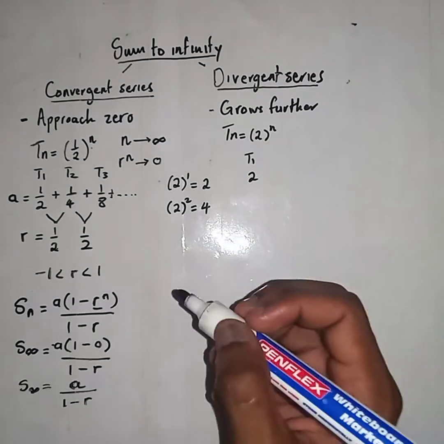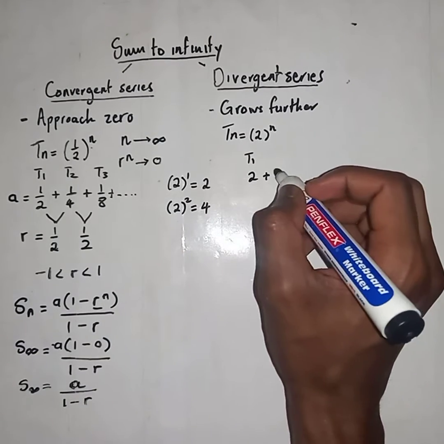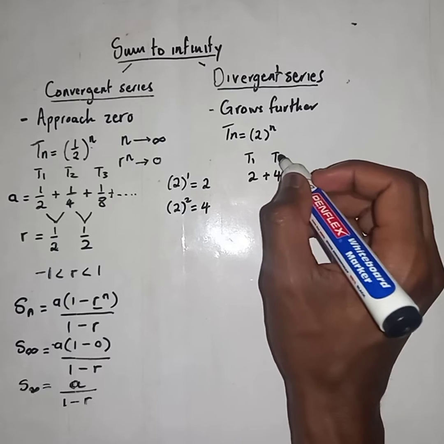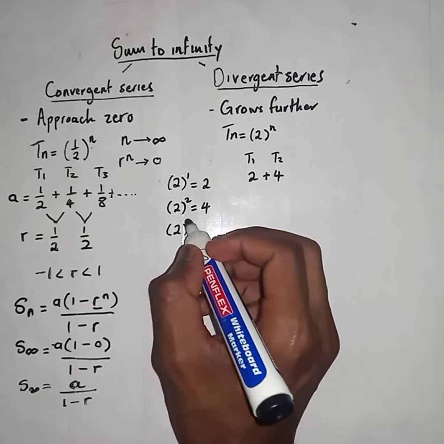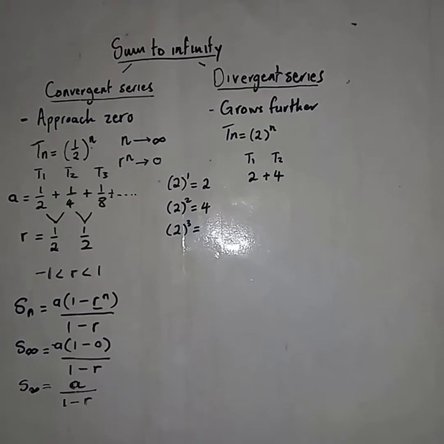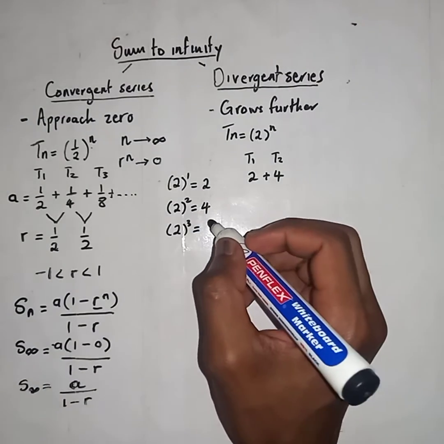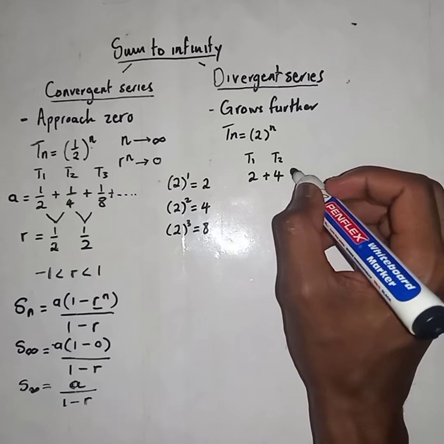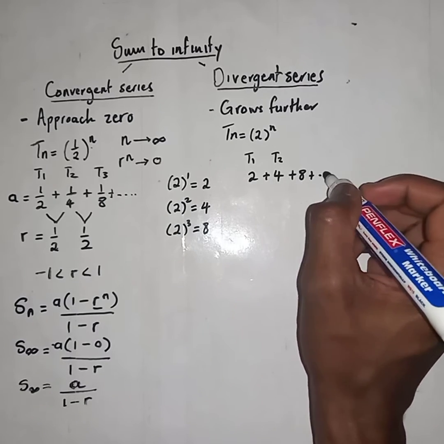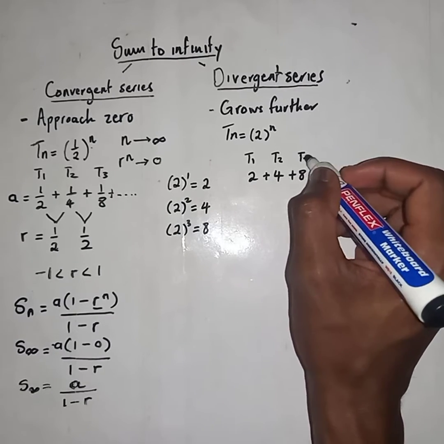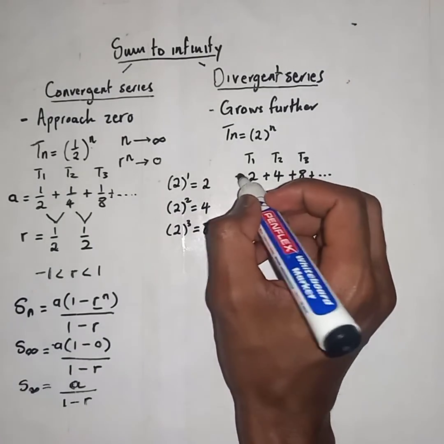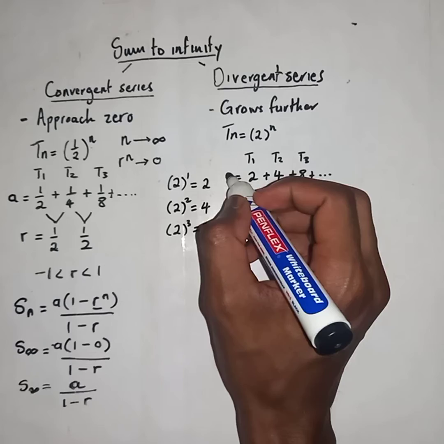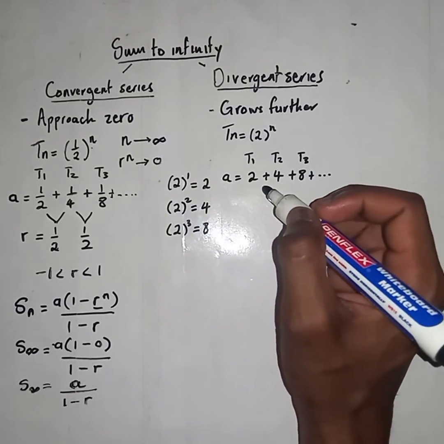You see, if I were to continue by substituting 3, now I'm going to get 8, which is my term 3. We also know that the first term is going to be a.